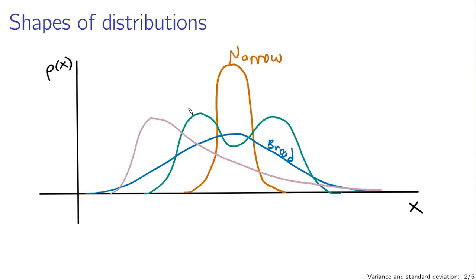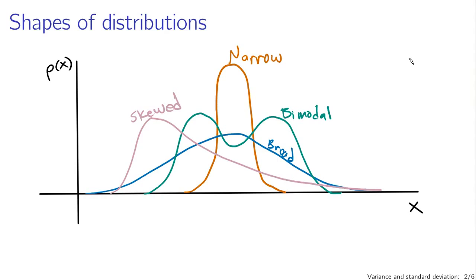The distribution with multiple peaks, or multiple modes, in this case it has two modes, so we call this distribution bimodal, or multimodal. And then this distribution, which is asymmetric, has a long tail in the positive direction and a short tail in the negative direction. We would say this distribution is skewed.